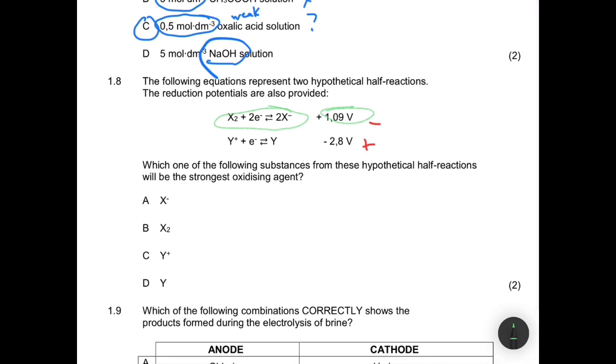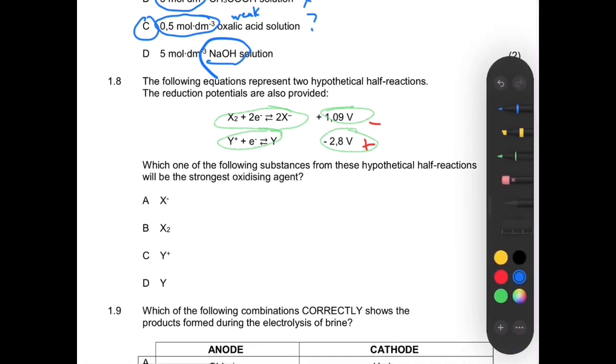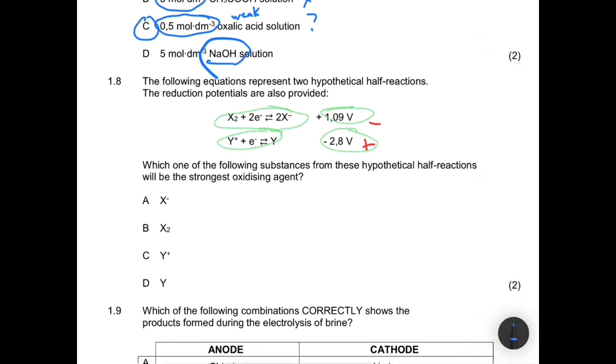And on the reaction below, we have Y plus 1 electron giving us Y minus, and then we have the reduction potential. The question says, which of the following substances from these hypothetical half reactions will be the strongest oxidizing agent? As you can see, the only information we have is the reduction potentials. Which one will be the strongest oxidizing agent?